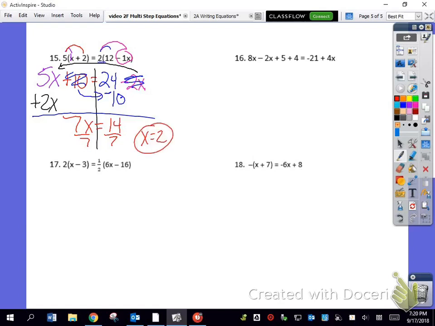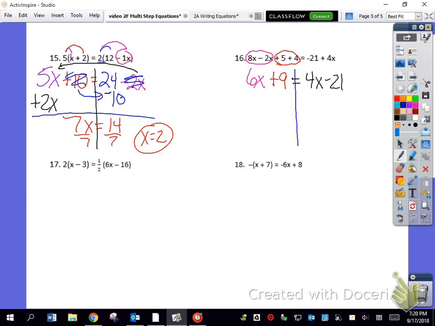On number 16, you don't have any parentheses, but you got like terms. So 8 minus 2 is 6x. 5 plus 4 is 9. And then you bring down your equal sign. And on the left side, I'm good. What I might do, though, is I might rewrite it 4x minus 21. Some of you may want to rewrite that. You don't have to.